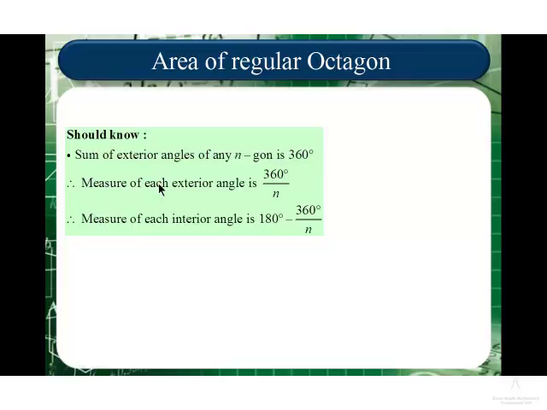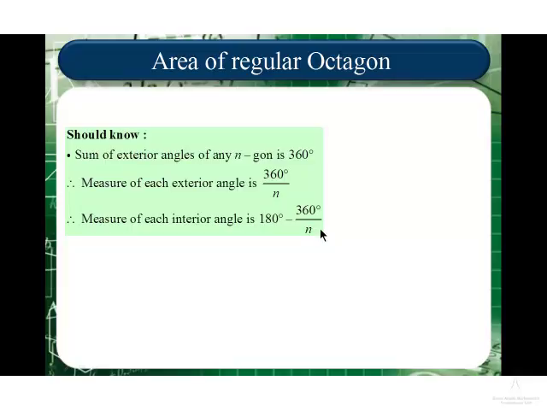The measure of each of these exterior angles will be 360 degrees divided by n. Also, the measure of each interior angle of such a polygon with n sides will be 180 degrees minus this particular angle, 360 degrees divided by n.